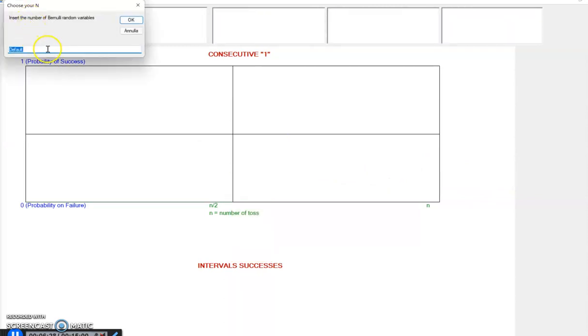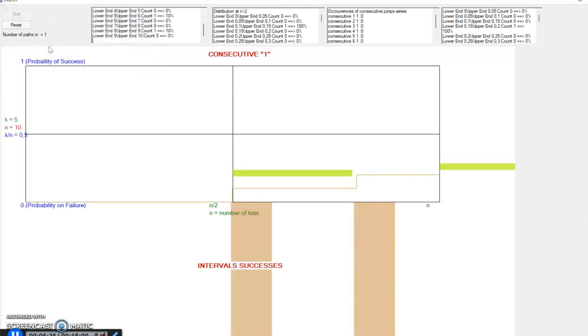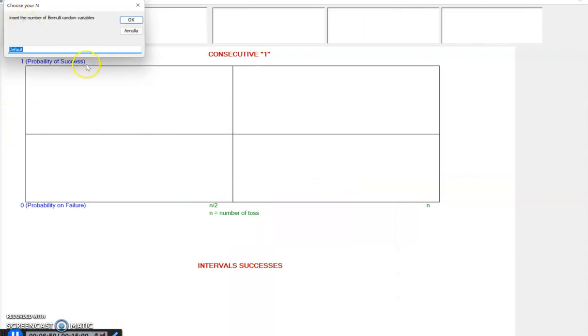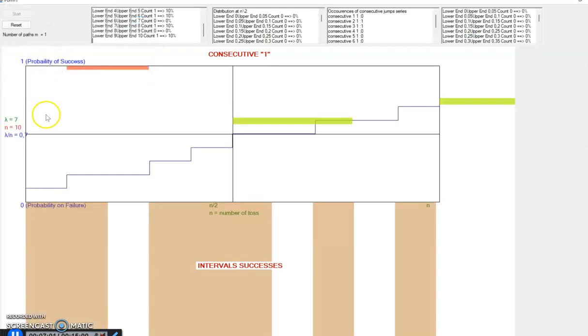But if we change the input, for example, to 10 tosses for one experiment and lambda as 5, we can see that the situation is quite different, because there are more successes. In this case, only one. We can try with a parameter that is larger than the one inserted before, for example 7, and we can see that there are a lot of successes, because the probability is greater than before.